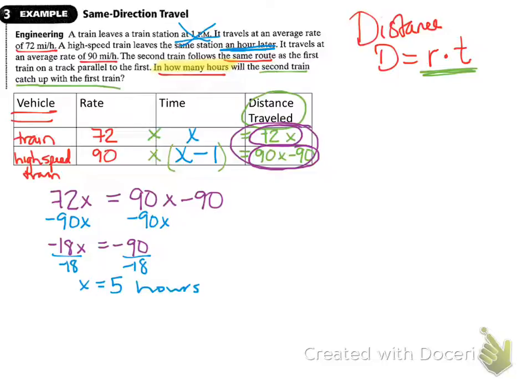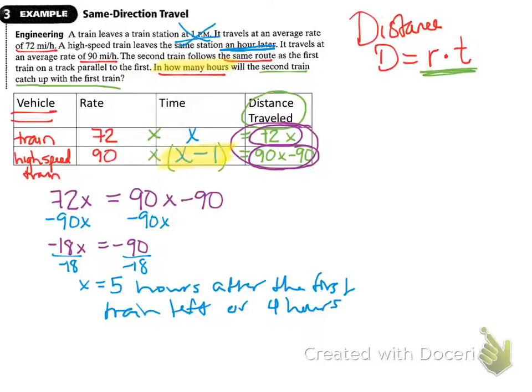In how many hours will the second train catch up with the first train? So 5 hours after the first train left, or 4 hours, subtract 1, 4 hours after the second train left.